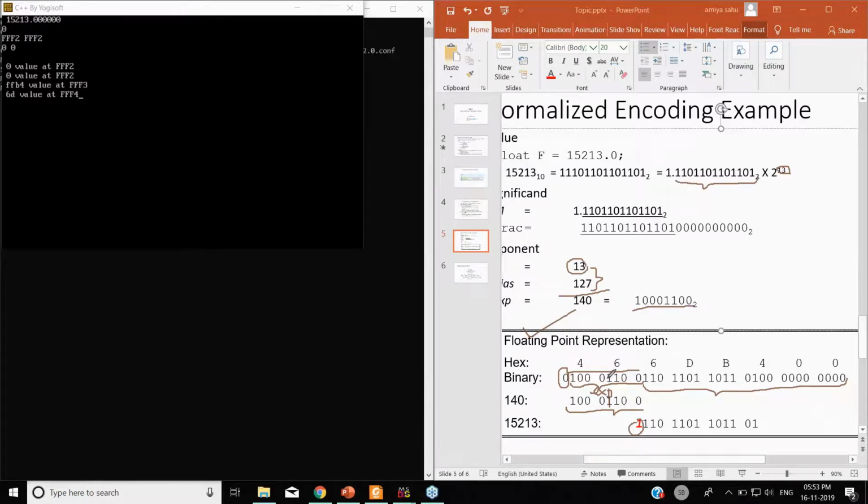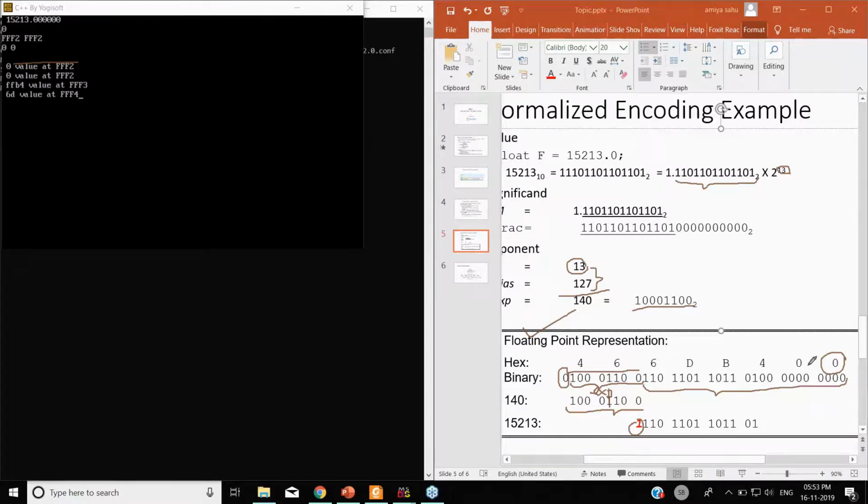So let us see its actual representation in C. If you see the value here at the first location of the float value, that is FFF2, the address of the floating point value, the value is 0. And the same, the value is 0 at the location FFF2.